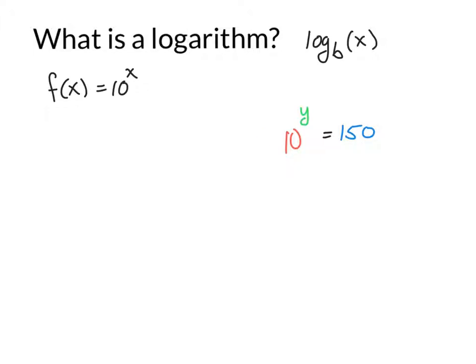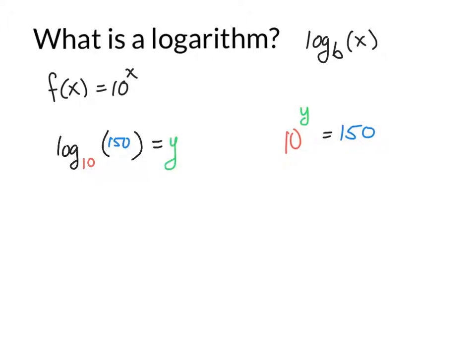And so the way that I would answer this question using the logarithm is I'd say, okay, the answer to this question, y, is that log base 10 of 150 is equal to y.